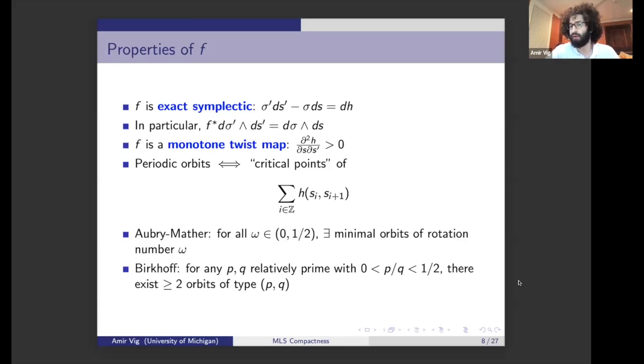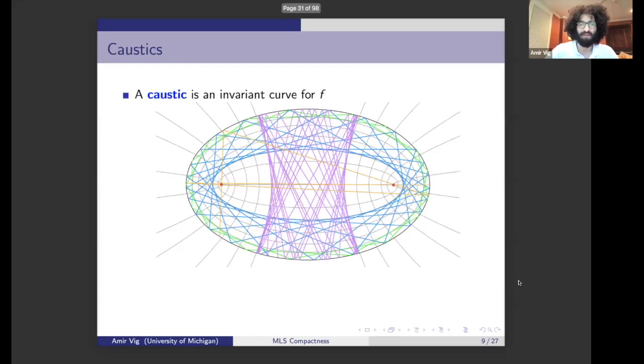So it's good to know that periodic orbits exist since we're studying them. A caustic is a curve which leads to actually infinitely many, oftentimes periodic orbits. And what is it? It's defined to be a curve inside the billiard table. We can see here a curve like this one.